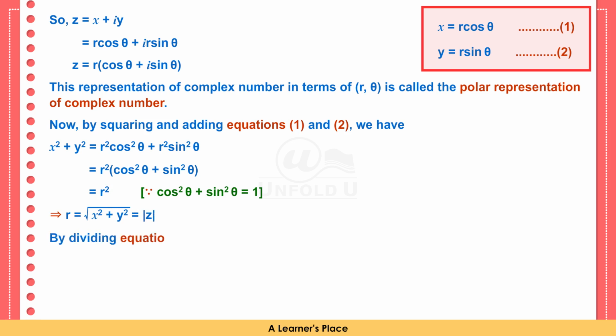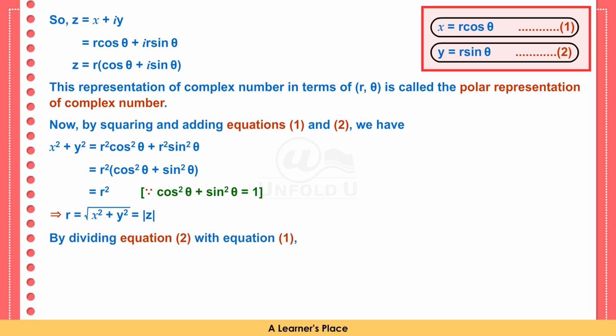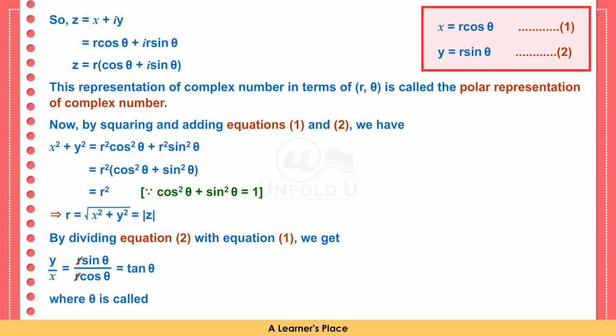By dividing equation 2 with equation 1, we get y by x is equal to r sin theta upon r cos theta is equal to tan theta, where theta is called the argument or amplitude of z and is denoted by arg(z).